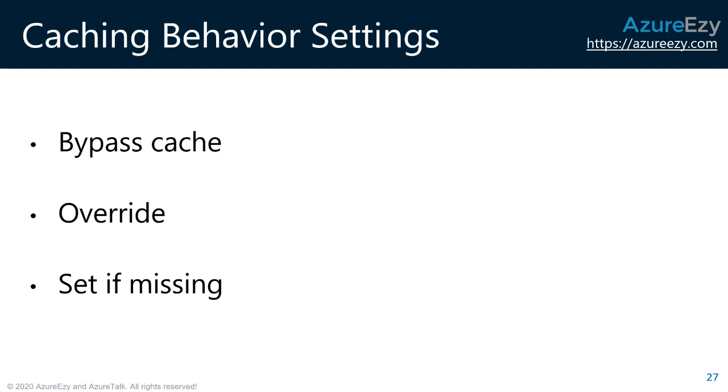Then the third option is set if missing. What does it mean? Set if missing means it will first check if any origin-provided caching behavior exists. If it exists, it will use that. If there is no origin-provided caching behavior, then whatever we are creating here, it will use, and it will set that caching setting.